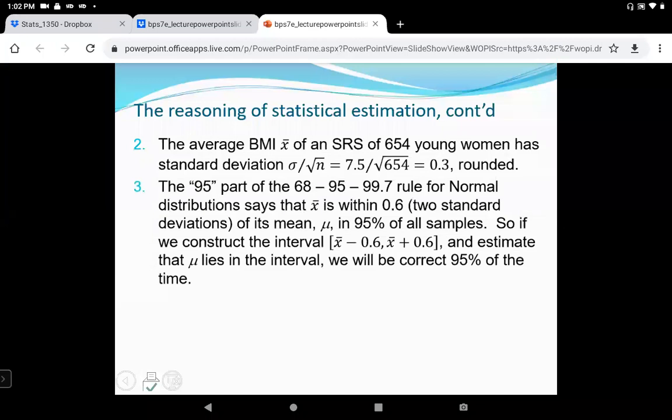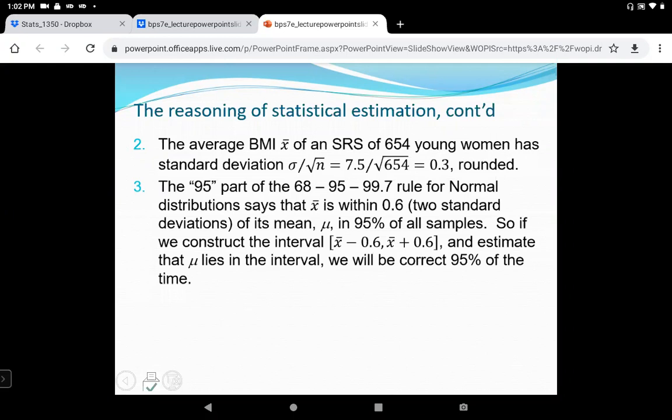The 95 part of the 68, 95, 99.7 rule for normal distribution says that x bar is within two standard deviations, 0.6, of its mean, mu, in 95% of all samples.